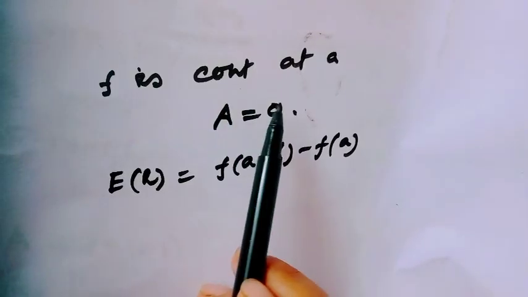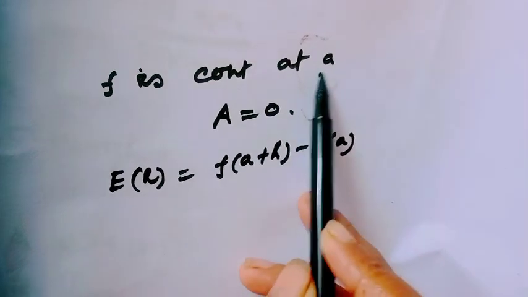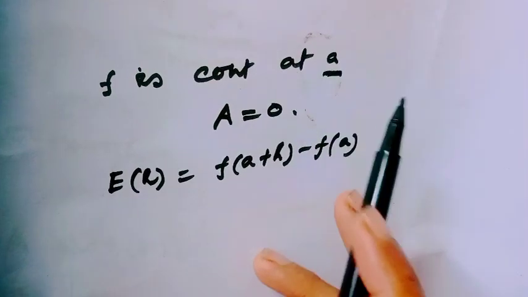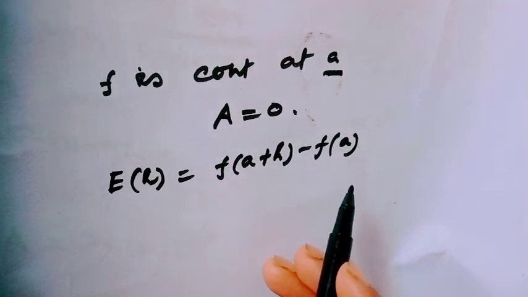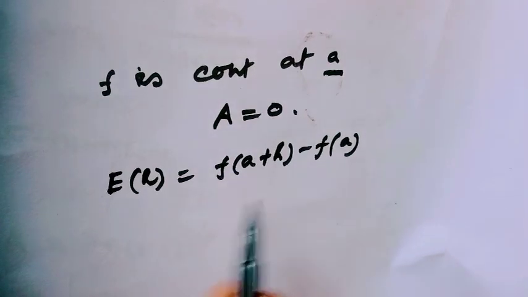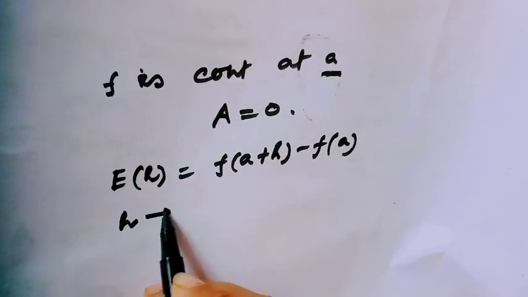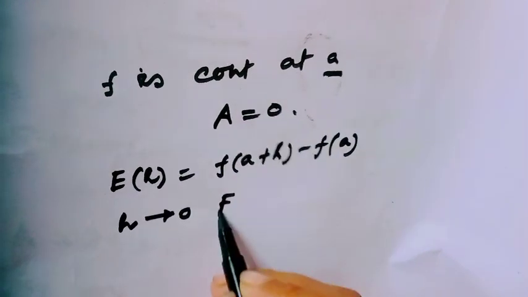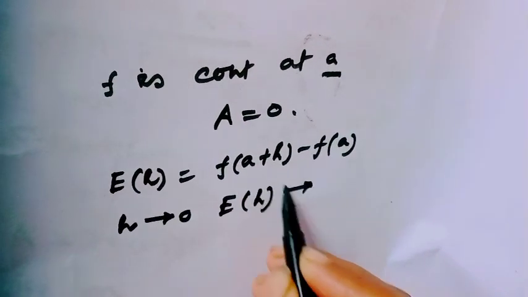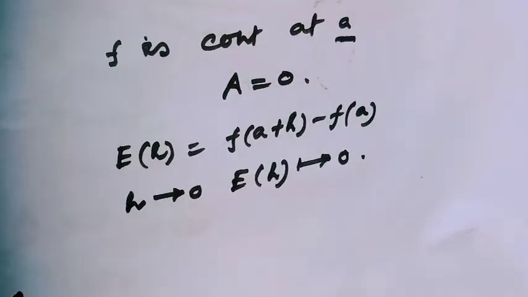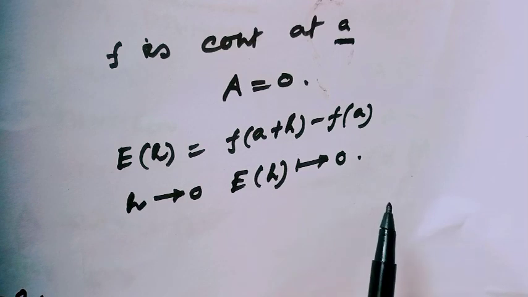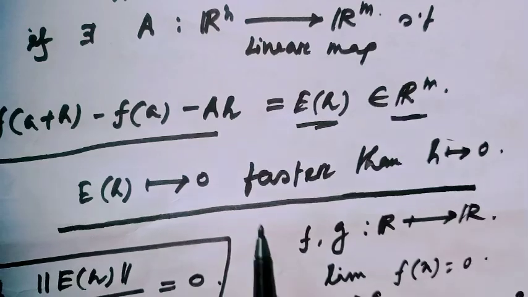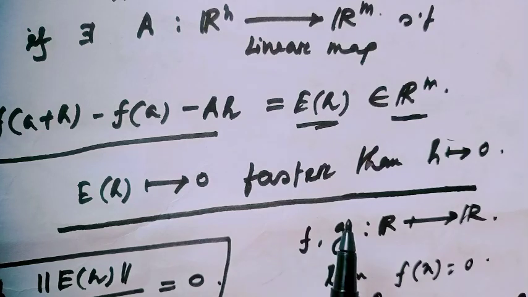And since given f is continuous at the point a, that is the definition of continuity, as h goes to 0, E_a(h) should go to 0. Okay? But we all of us know differentiability is a stronger condition than continuity. So I have used this notation. Are you getting?